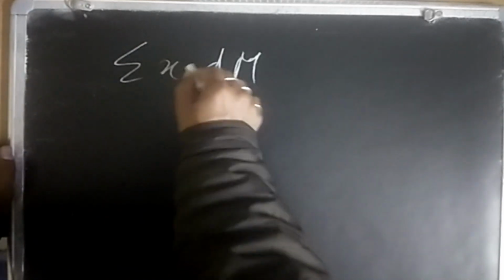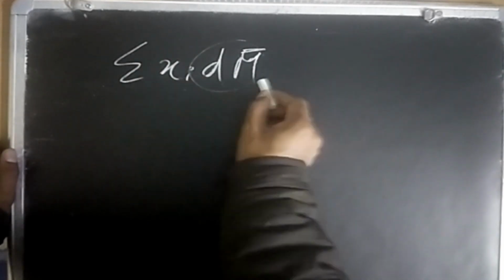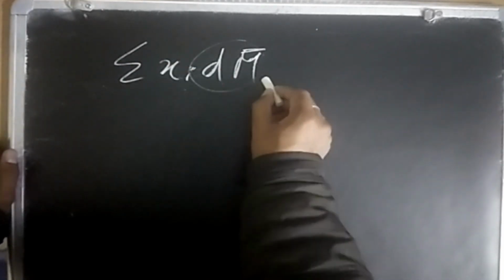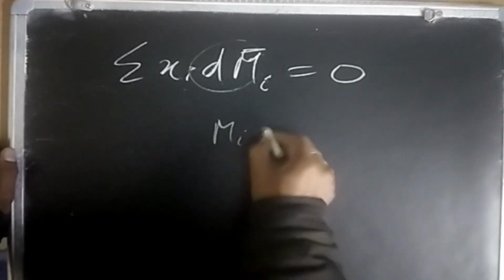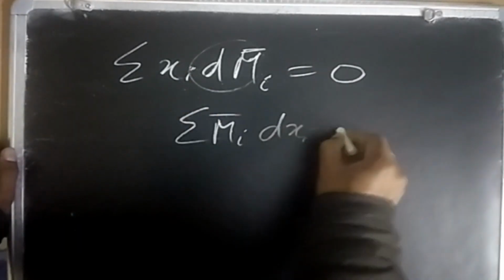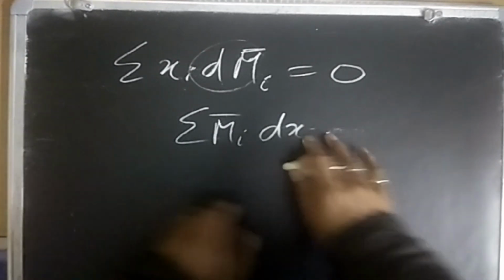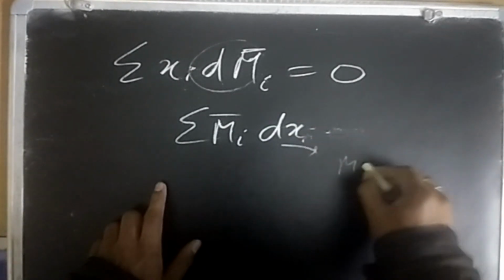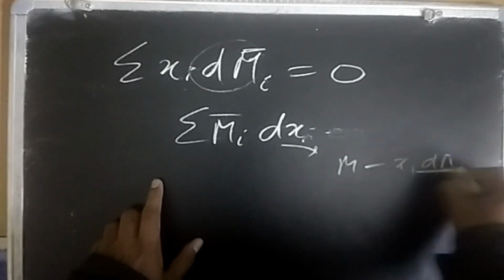Next, Gibbs-Duhem says that the summation of xi into d Mi bar, the change in the partial molar property, would be 0. So the summation of Mi bar dxi is not 0. This way we can get M2 bar as M minus x1 dM by dx1.